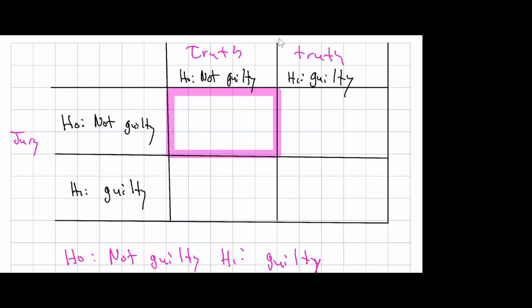All right. For this box, under the row where the jury said the person is not guilty, the truth is the person is not guilty. So if the jury said the person was not guilty and the truth is the person was not guilty, did they come up with the right decision or the wrong decision?